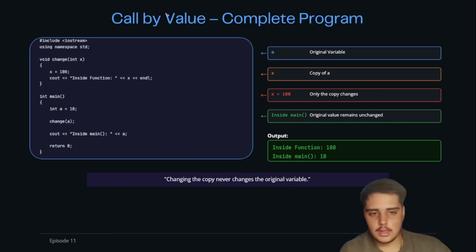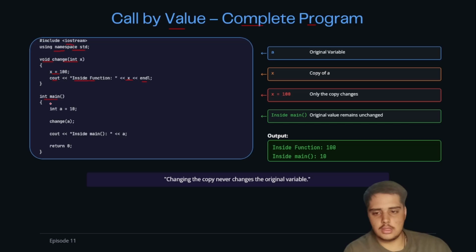So here is a program for call by value, a complete program. Hashtag include iostream, using namespace std, void change(int x) with x equal to 100, cout inside function x and end of line.